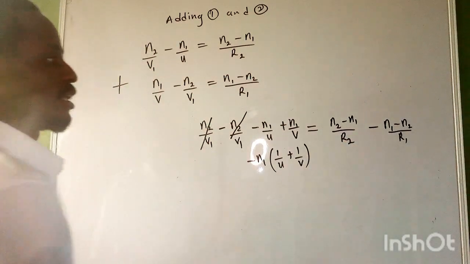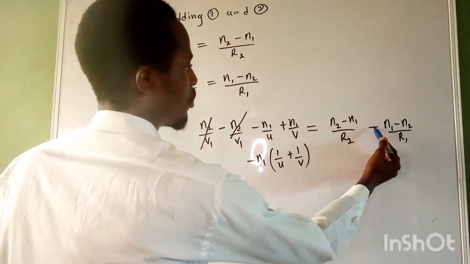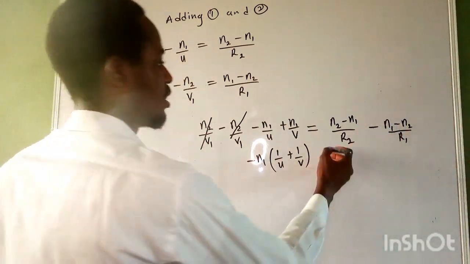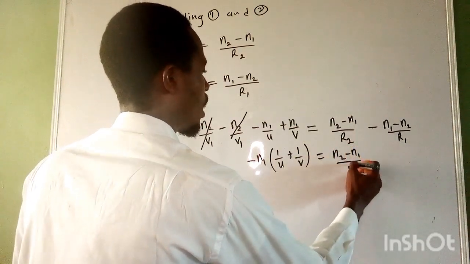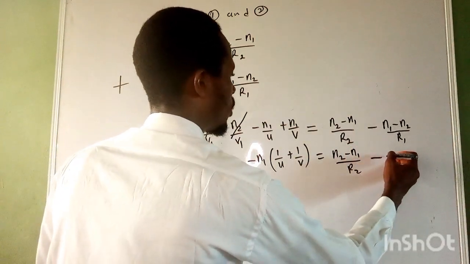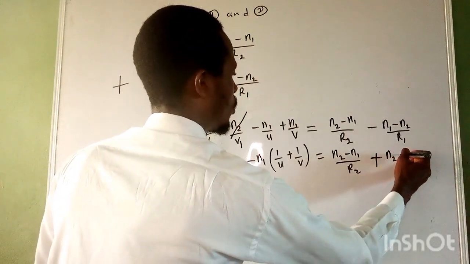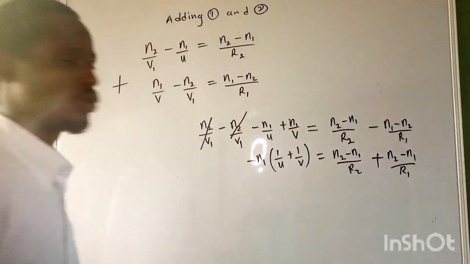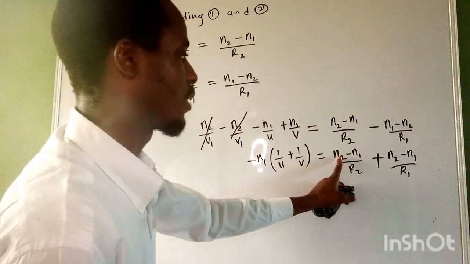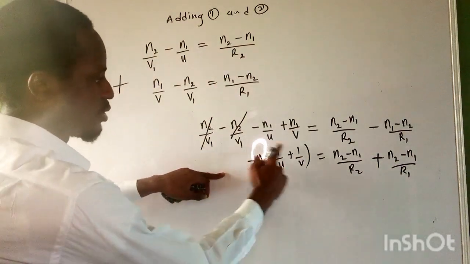So in a nutshell, I have to move here and add up. In order to add them, I can factorize it. From here now, if I multiply this minus with everything there, I'll be having n2 minus n1 over r2, with minus, sorry, that will be positive, n2 minus n1 over r1. So this is what I have here. Then the common factor is n2 minus n1. Mind you, there is a mistake here.